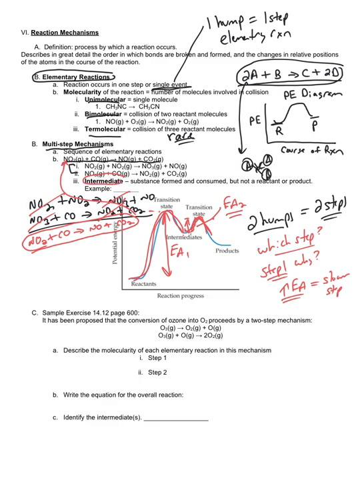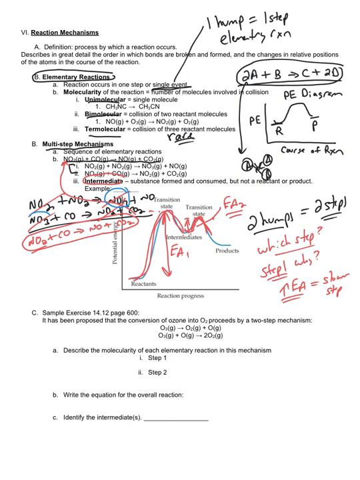An intermediate is a substance that is formed in the chemical equation, but then is consumed, and it ends up not being in the overall equation. If you look at this reaction that I just drew for you, you'll notice that the chemical compound NO3 is made in the first step.